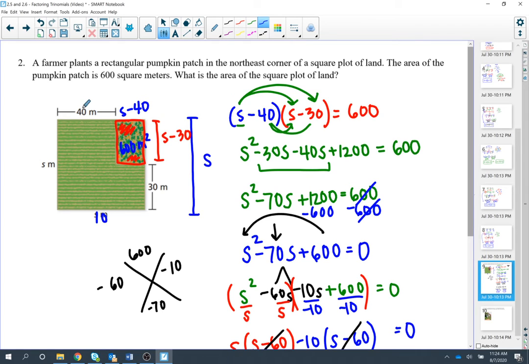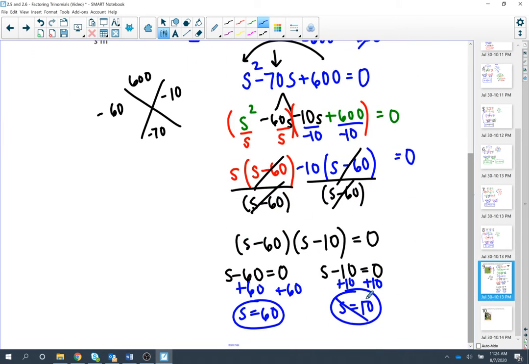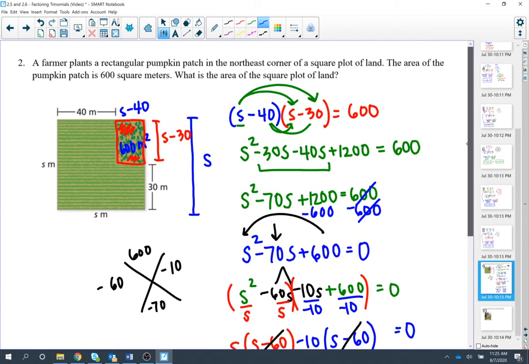The problem is that this is 40. How could just part of this side over here be 40 when the whole side down here is 10? Yeah, that can't happen. That is way, way too short. So in the context of this problem, S equals 10 does not make sense. Cross it out. So I'm going to go with 60.